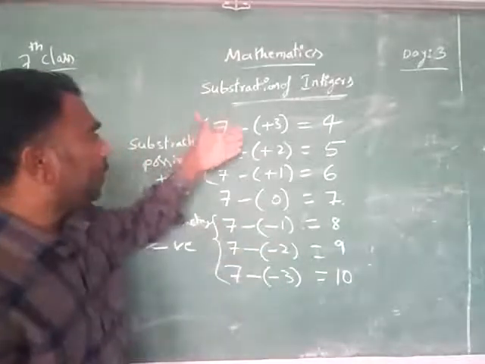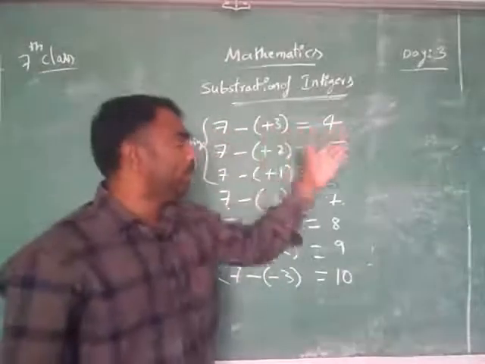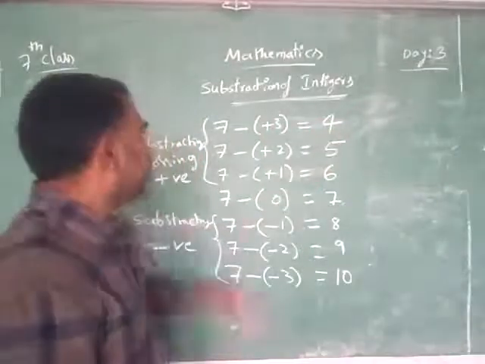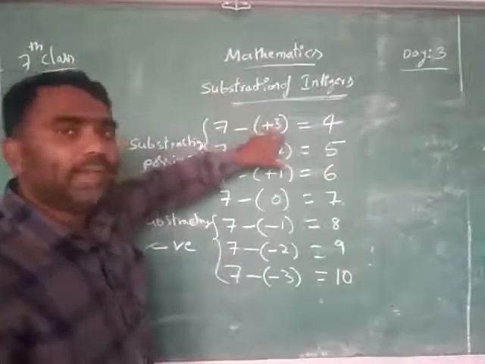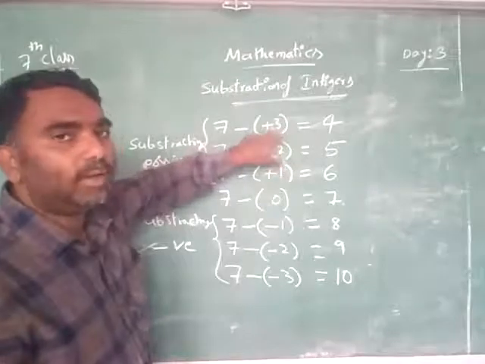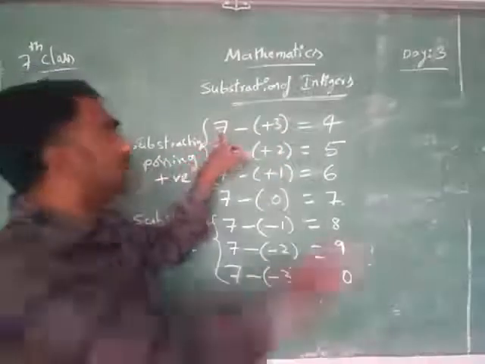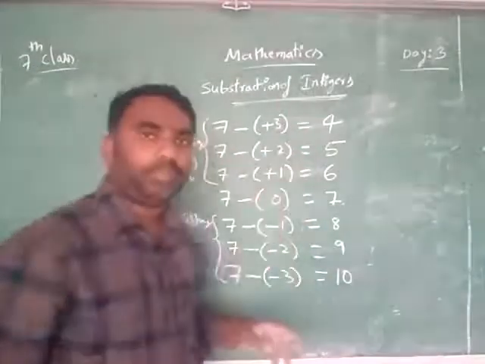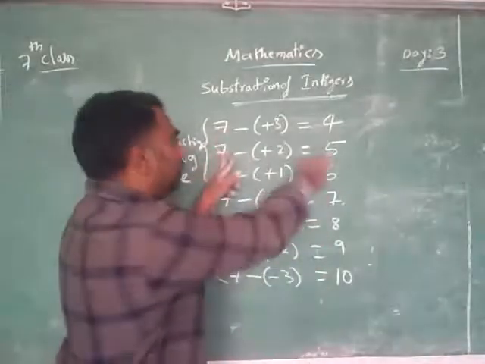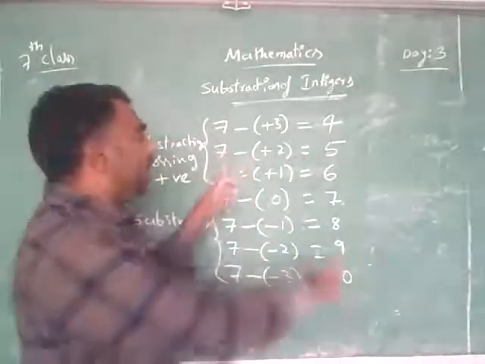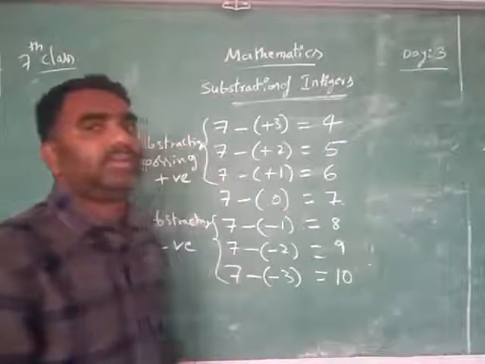So when we are subtracting a positive number, what is happening? Try to understand. 7, I am subtracting a positive number, which means we are getting an answer smaller than 7. See here, answer 5 is smaller than 7. The answer 6 is smaller than 7.